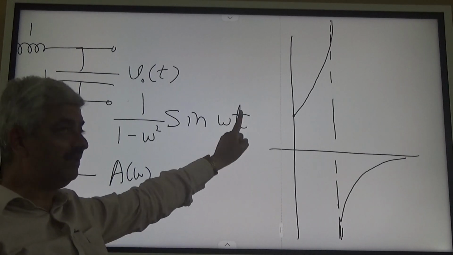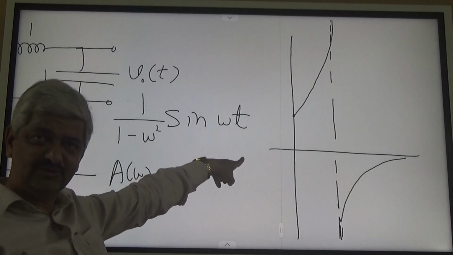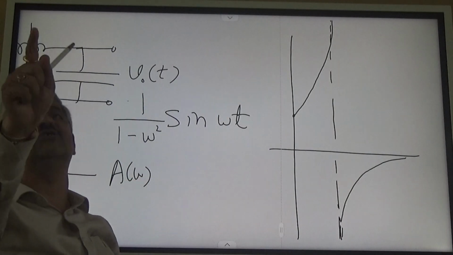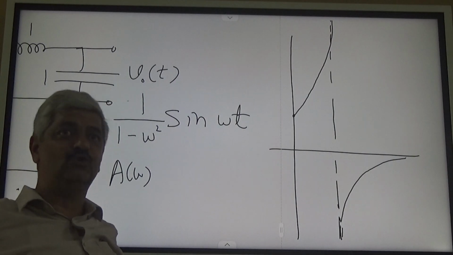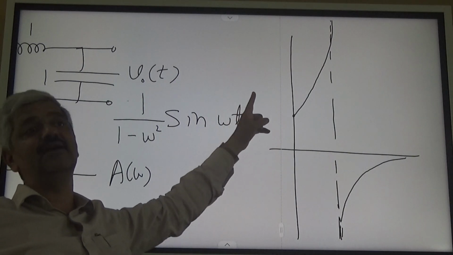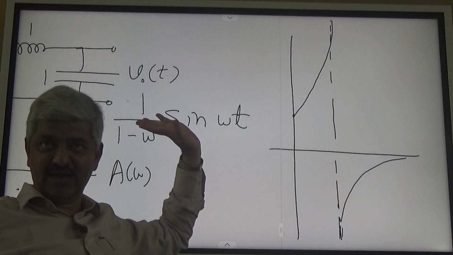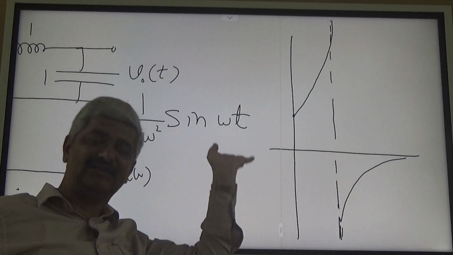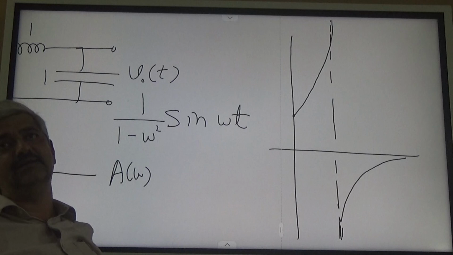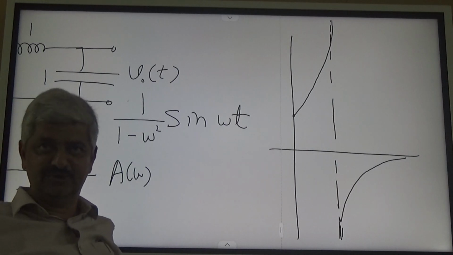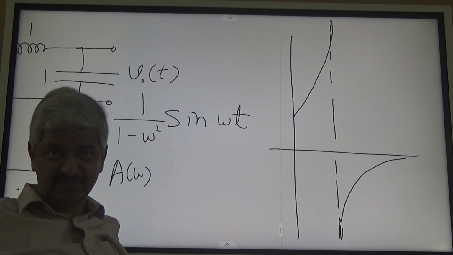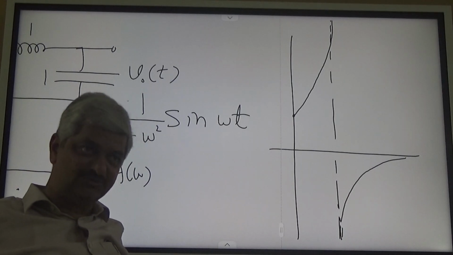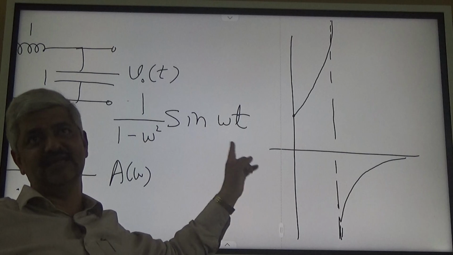It behaves unbounded only for a singular frequency, omega equal to 1; at all other frequencies it is range bound. In passive circuits, the LC circuit is the only exception.